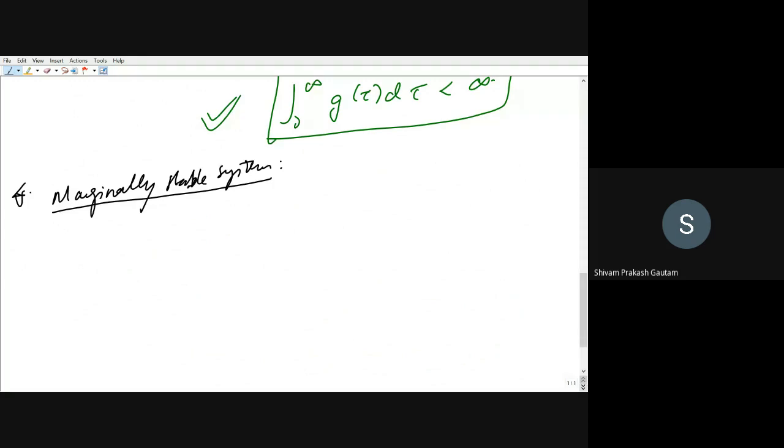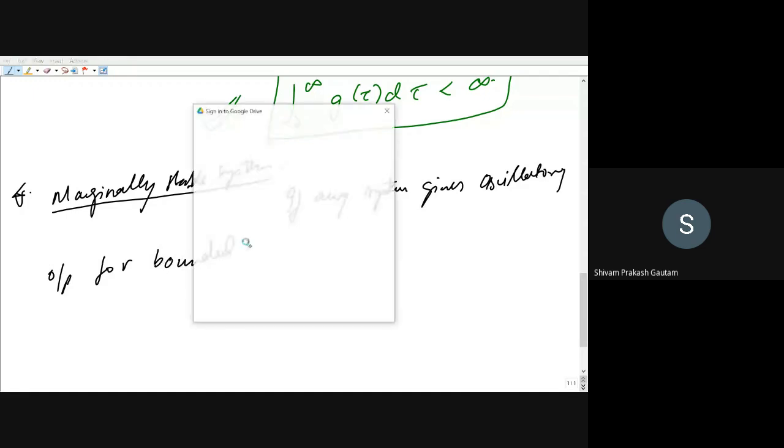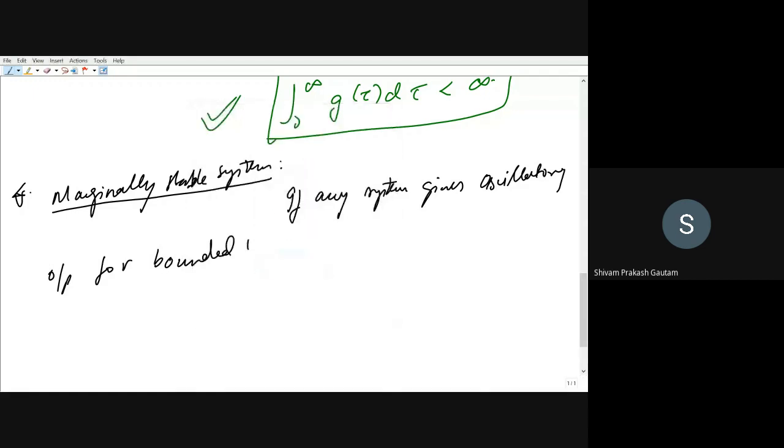By definition, if any system gives oscillatory output for bounded input, then that system is marginally stable. What does this mean?